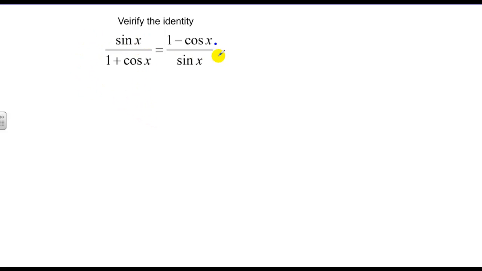When you no longer have any simplifications you can do, you want to look at the terms and say, well, what if I were to multiply it by some form of 1, which you can always do. For instance, if I needed to make a tangent in my problem, I could multiply the top and bottom of this side by 1 over cosine and 1 over cosine. And that would help me get a tangent.